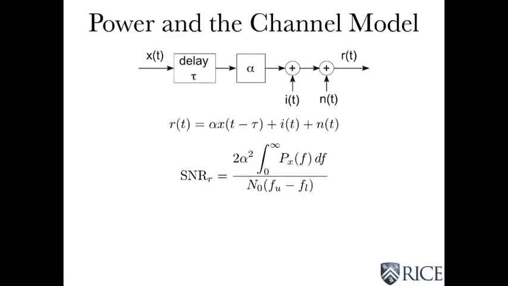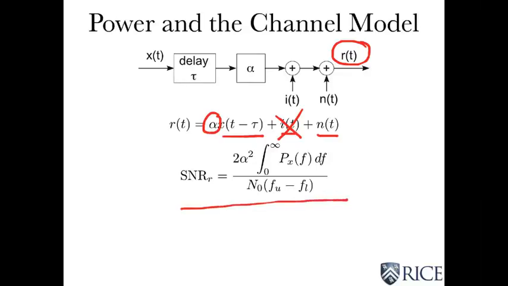The channel introduces a delay, it attenuates, and adds interference and noise. Like I said, we're basically going to assume the interference is not there, and that gives us the final expression for the signal-to-noise ratio coming out of the channel as being this quantity shown here.